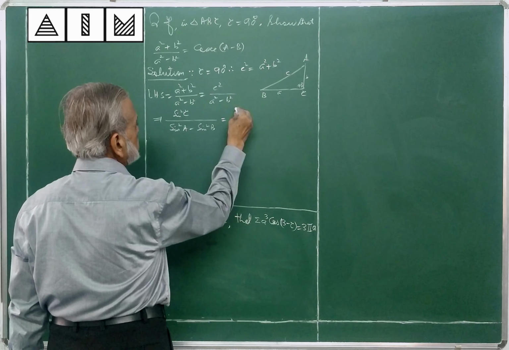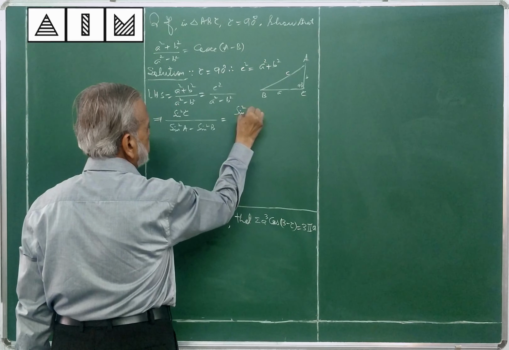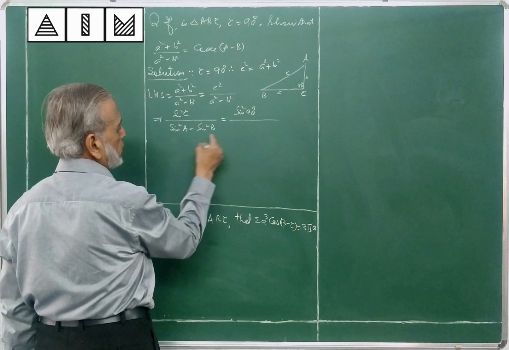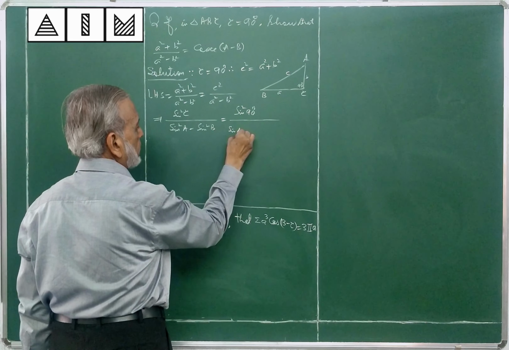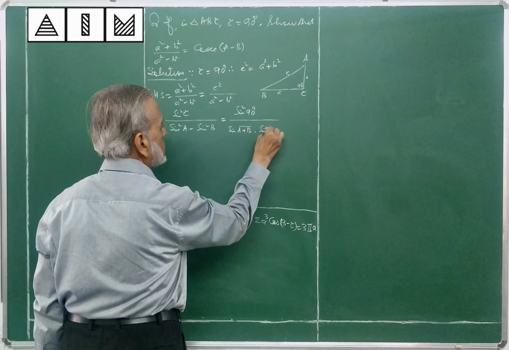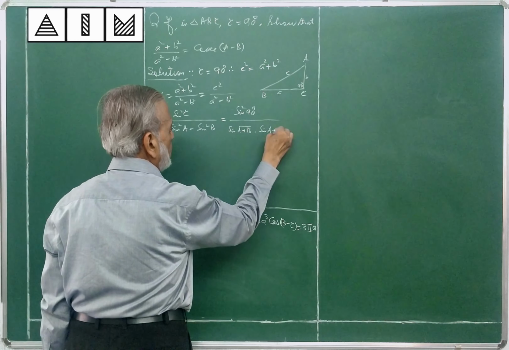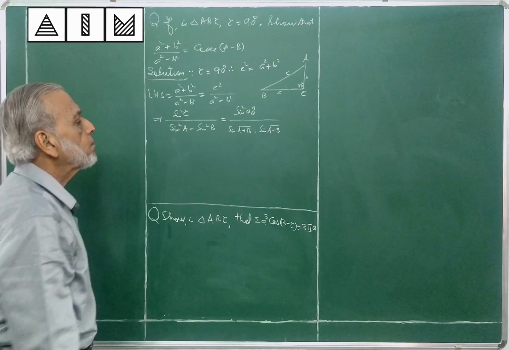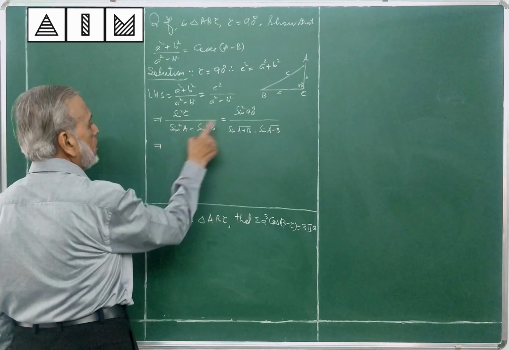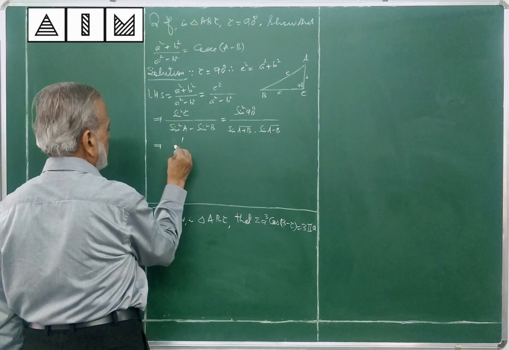C is 90 degrees, so I am writing sin² 90 degrees. The denominator is the formula for sin(A + B) into sin(A − B). Remember this formula of compound angles: sin(A + B) sin(A − B). Sin² 90 is 1.